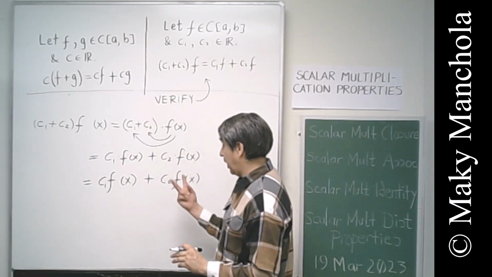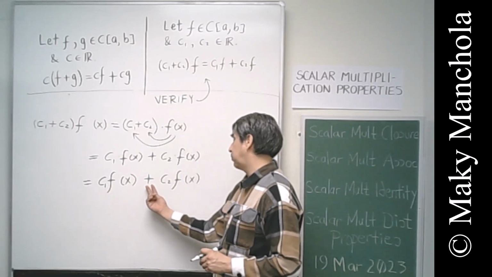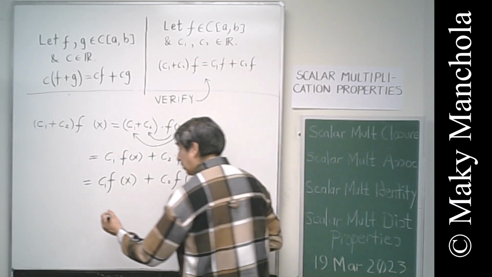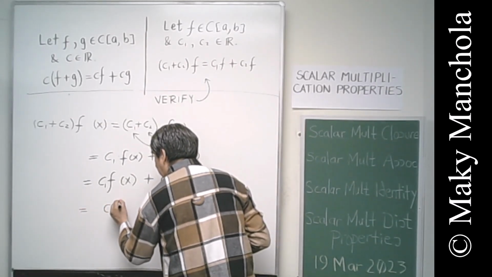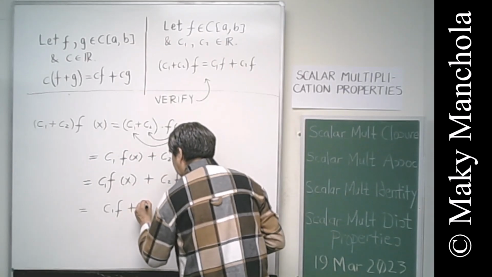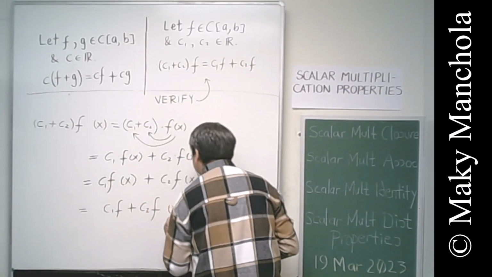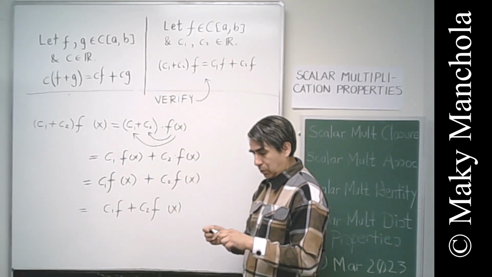But now I have the addition of two functions. So I have c1f evaluated at x plus c2f evaluated at x. What is that? That is the function c1f plus c2f evaluated at x as we were intending to obtain.